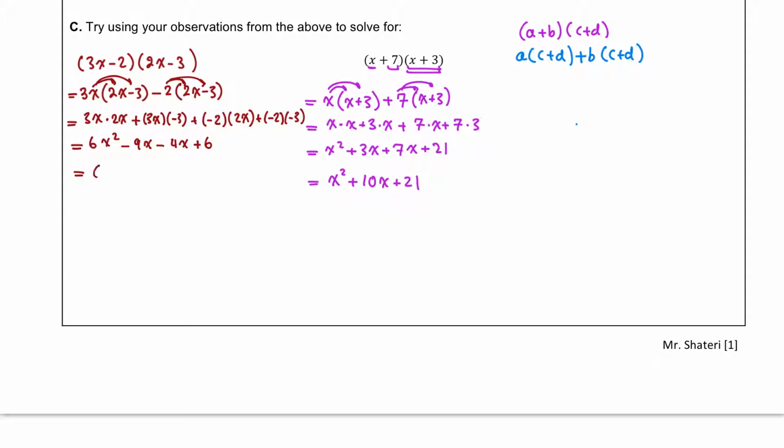So I will end up with 6x squared minus 13x plus 6. And I have to simplify because I have negative 9x here and I have negative 4x, which are like terms. When I combine them, I get negative 13x. And that would be my final solution in this problem.